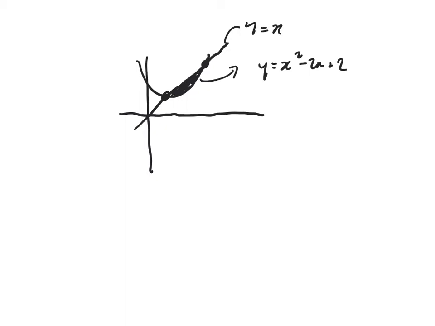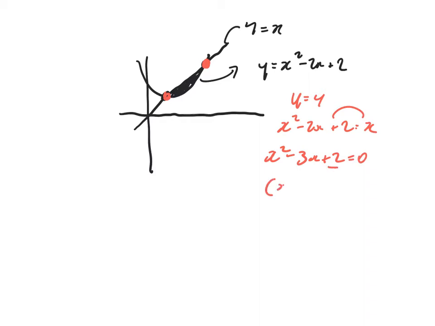Okay, so let's first of all find our limits, and we can do that through making y equal to y. So x squared minus 2x plus 2 is equal to x. Let's bring that over. That'll be x squared minus 3x plus 2 is equal to 0. Okay, two numbers that multiply to give 2 and add to give minus 3.